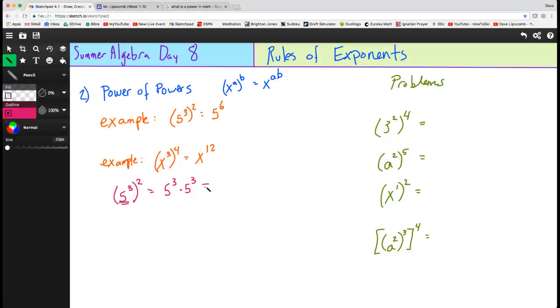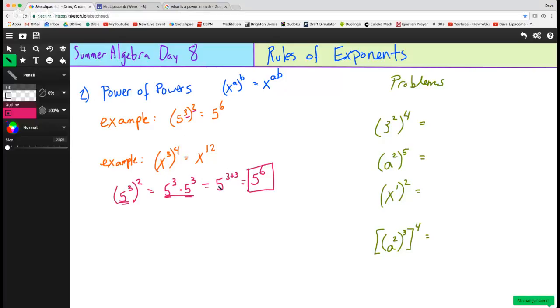And now we can use the product of powers rule, because now we have a base to an exponent times a base to an exponent, and that says we do 5 to the 3 plus 3, which is equal to 5 to the 6th. Pretty cool. And so that's where we get our multiply, because we get 2 times 3.